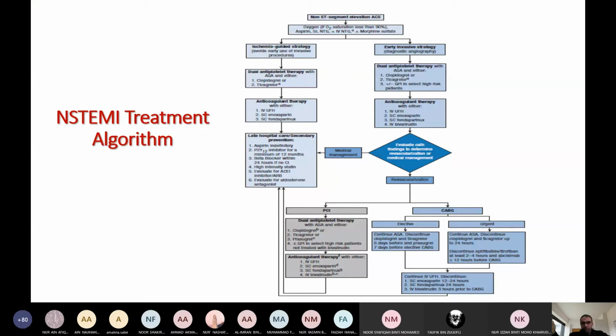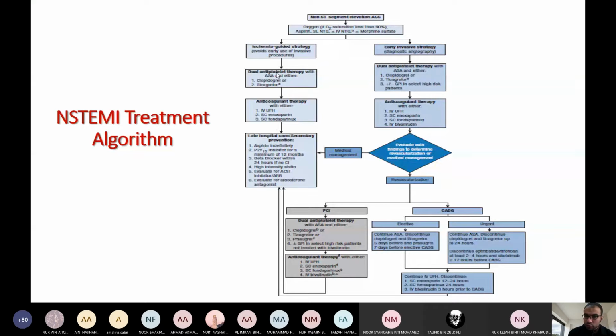We have two major pathways. What we call the early invasive strategy here, which we discussed, could be reserved for patients with high risk features. And we know now what high risk features mean: the age, the comorbidity, the troponin, and the risk score, right? And you can see here the ischemic guided approach, which avoids early use of invasive procedure, meaning you just give the medication. Okay?